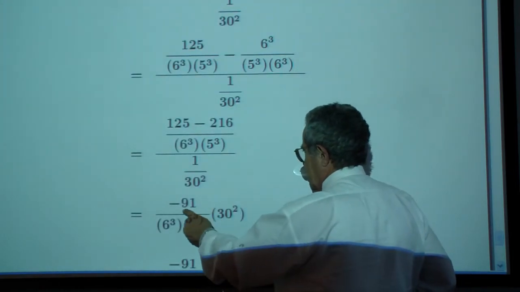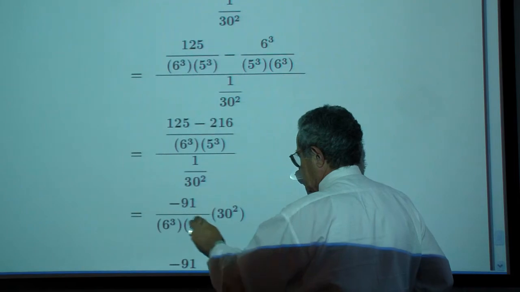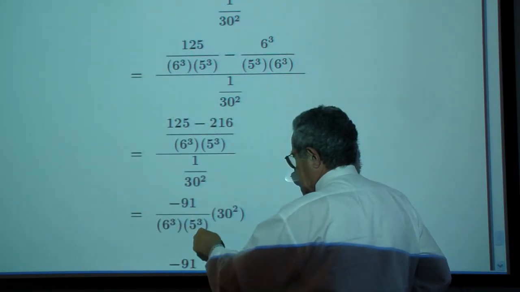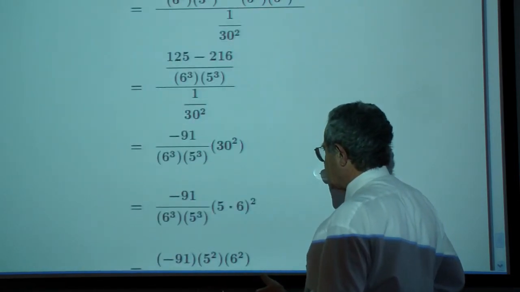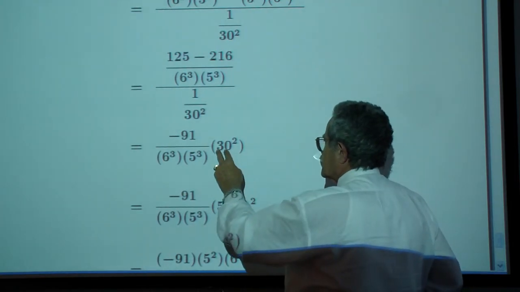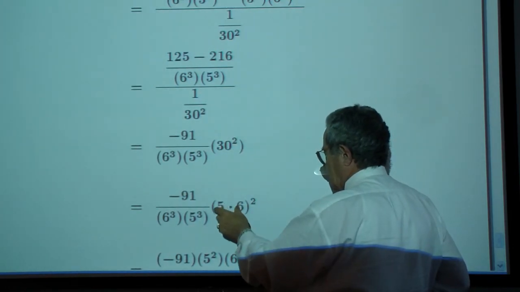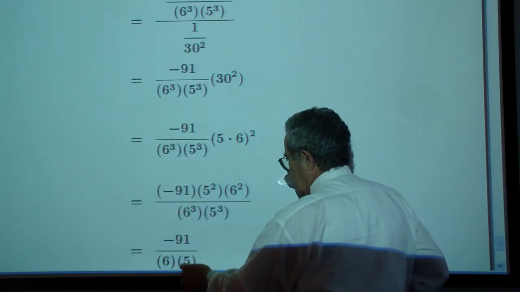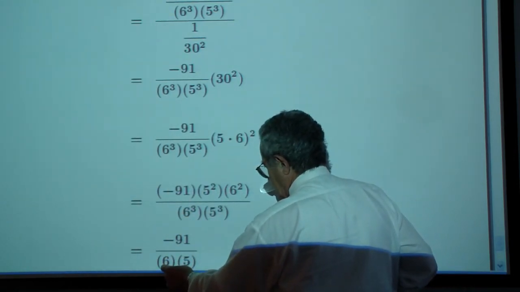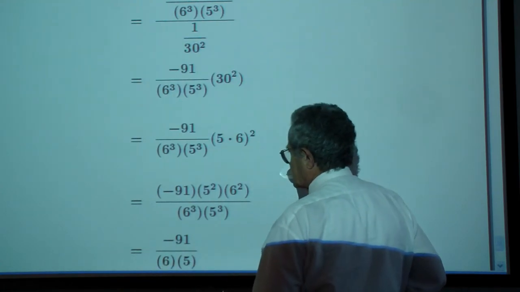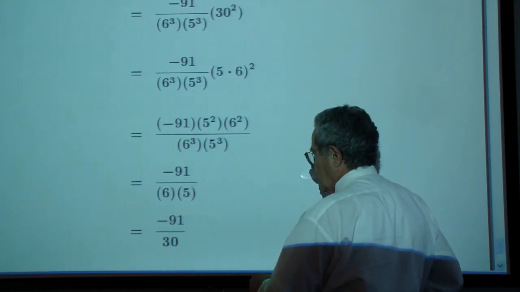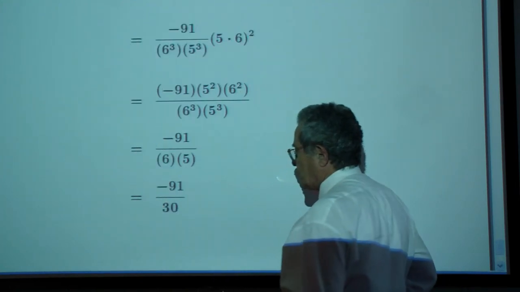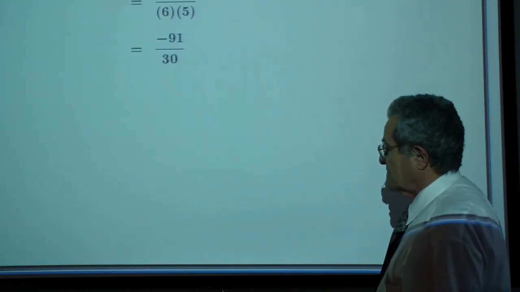That seems to be negative 91 plus 30 squared over 6 times 5 quantity cubed. This is 5 times 6 quantity squared, 5 times 6 squared. This is 5 times 6 cubed. You are left with one product 5 times 6. So negative 91 over 30. And that's it.